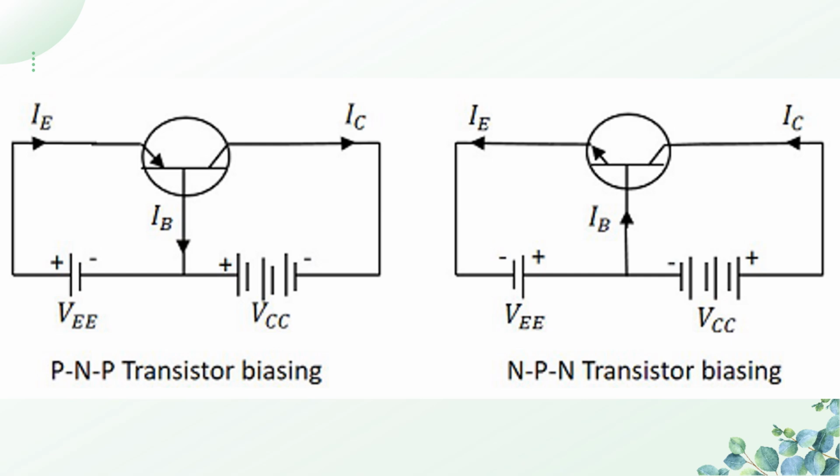Forward biasing means the positive terminal of the battery has to be connected with the P-type semiconductor, and the negative terminal has to be connected with the N-type semiconductor. And the collector-base junction is to be reverse biased always. So that is represented in the rightmost diagram also in the NPN transistor.